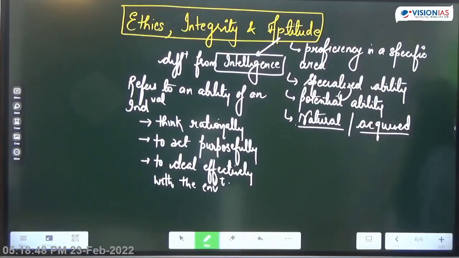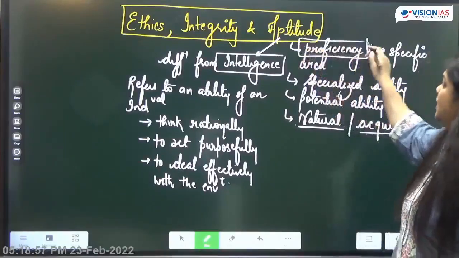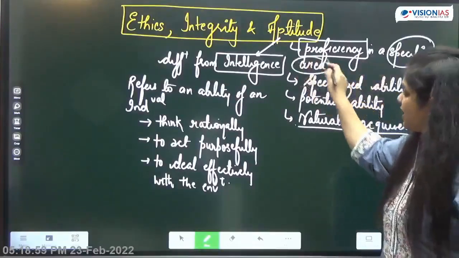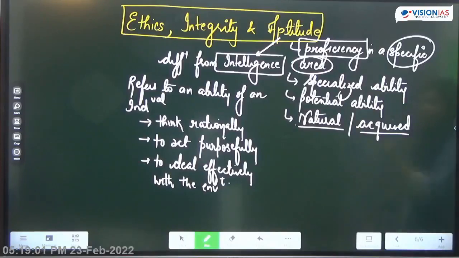Maybe you are very intelligent, but maybe you don't possess the aptitude to be an administrator, because aptitude is a proficiency in a specified area. It is a specialized ability or a potential ability with respect to a specific area. It can be natural. You were a born administrator.